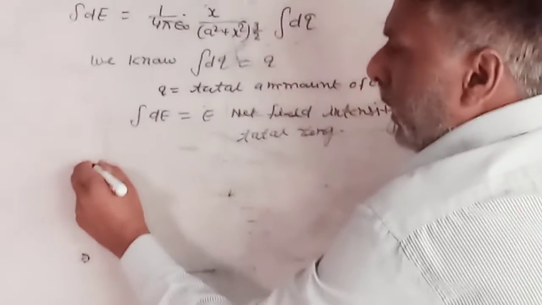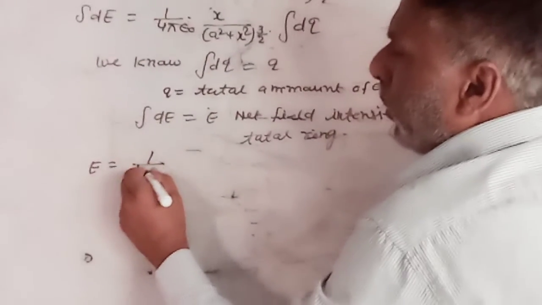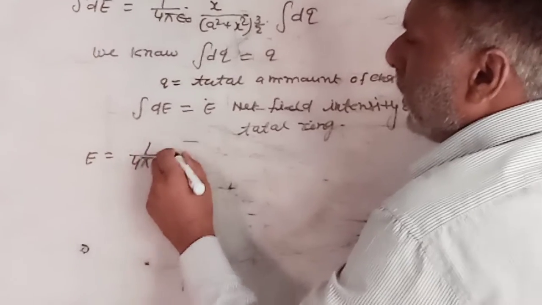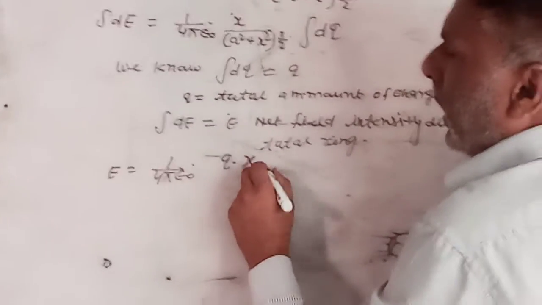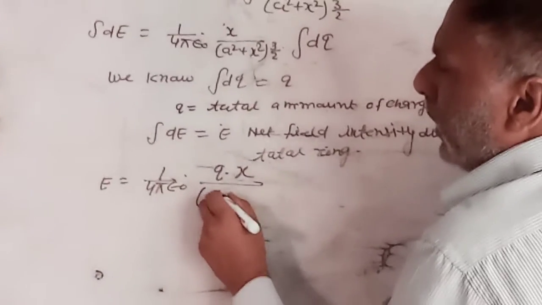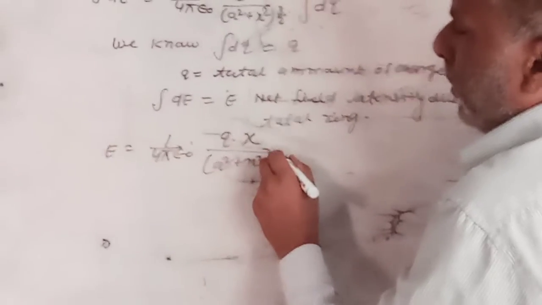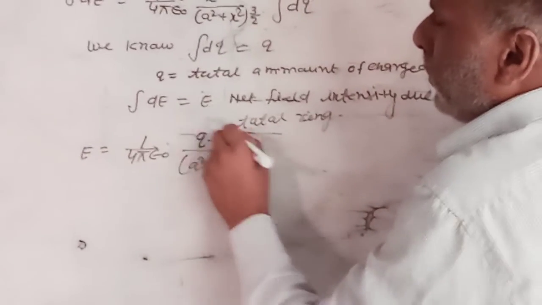Or E is equal to 1 upon 4 pi epsilon naught Q into x upon a square plus x square power 3 by 2.